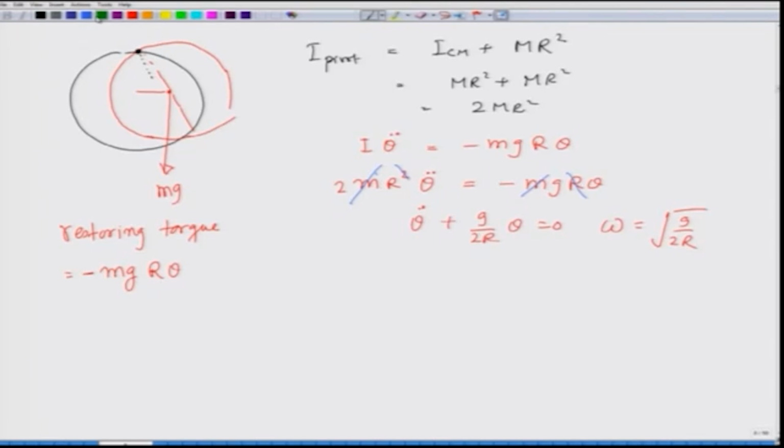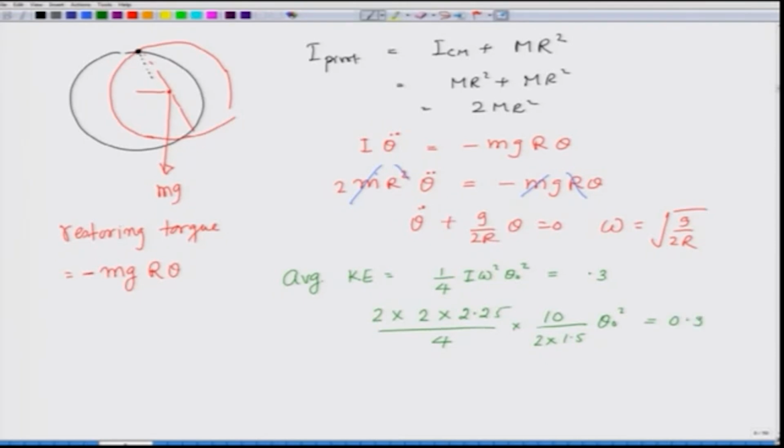Now, what I have from the previous page is that the average kinetic energy is 1 over 4 I omega square theta 0 square, which is given to be 0.3. I is 2 times m, which is given to be 2 kilograms, times r square, which is given to be 1.5. So, this is going to be 2.25 divided by 4. Omega square is going to be g over 2 r, g is given to be 10, over 2 times r, which is 1.5, theta 0 square is equal to 0.3.